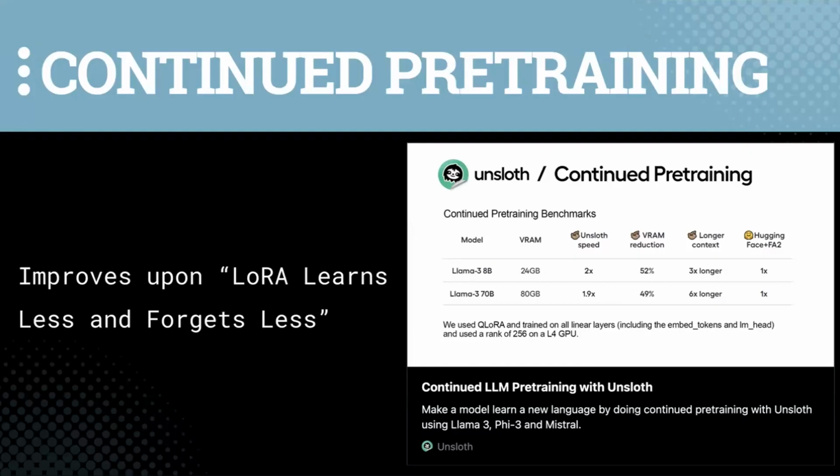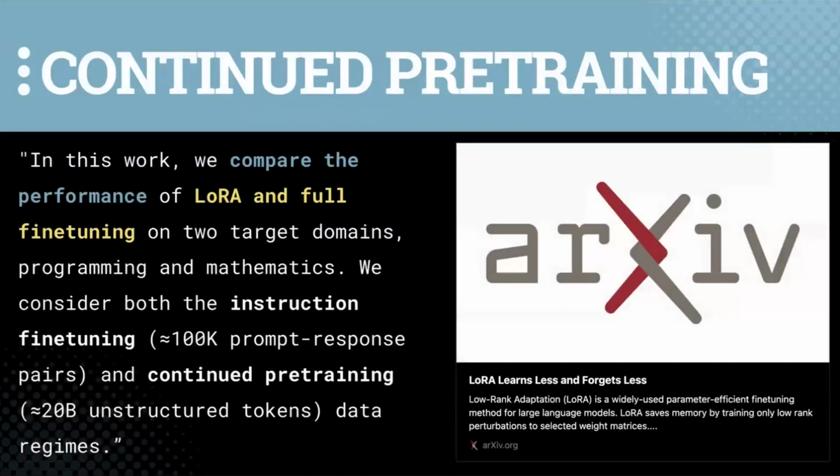And they looked at a paper called LoRA Learns Less and Forgets Less. This was a cool thing where they looked deeply at LoRA. This is from 2024 and compared the performance of LoRA and full fine-tuning on two target domains by considering both an instruction tuning data set, 100K, and continued pre-training, more like 20 billion tokens instead of these 100K prompt-response pairs.